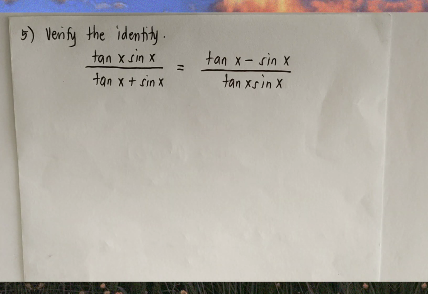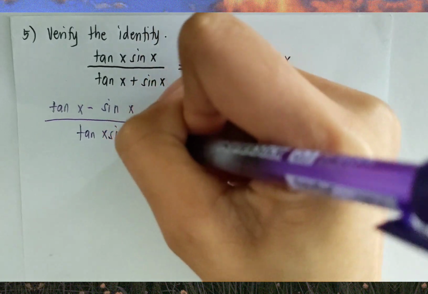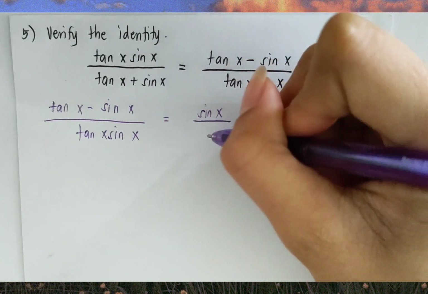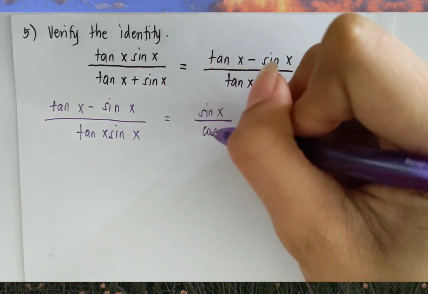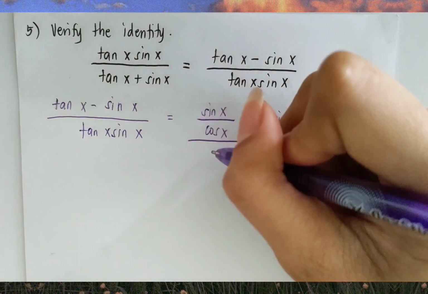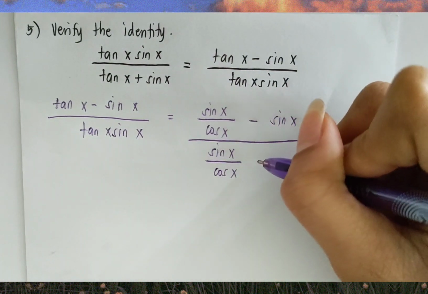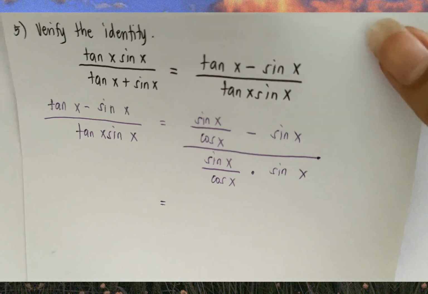From the right side, we have tangent x minus sine x all over tan x sine x, which is equivalent with sine x all over cosine x minus sine x. And then your denominator will be sine x all over cosine x times your sine x. Okay, let us compute.